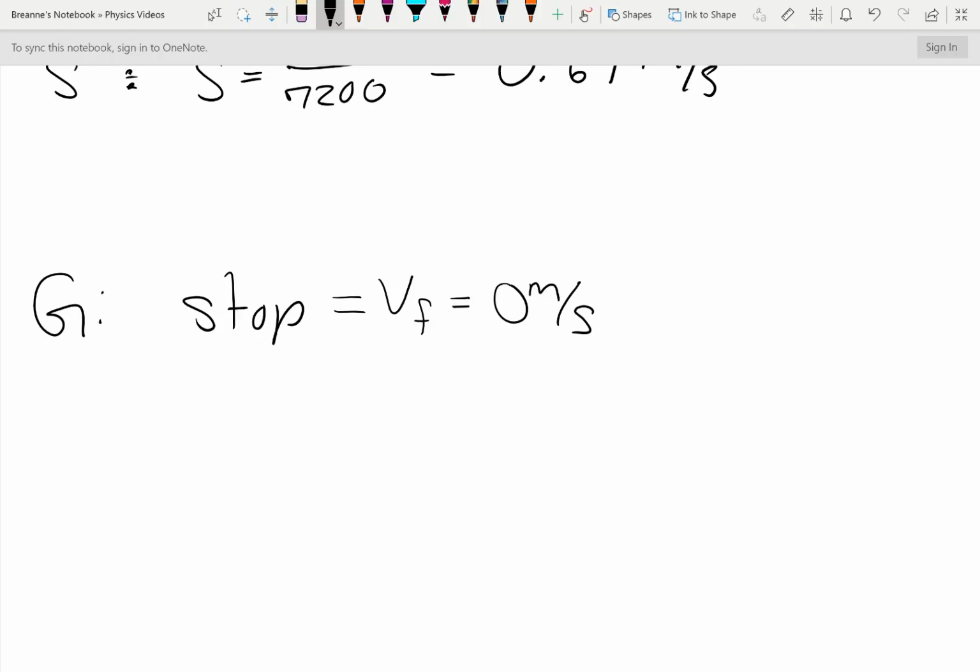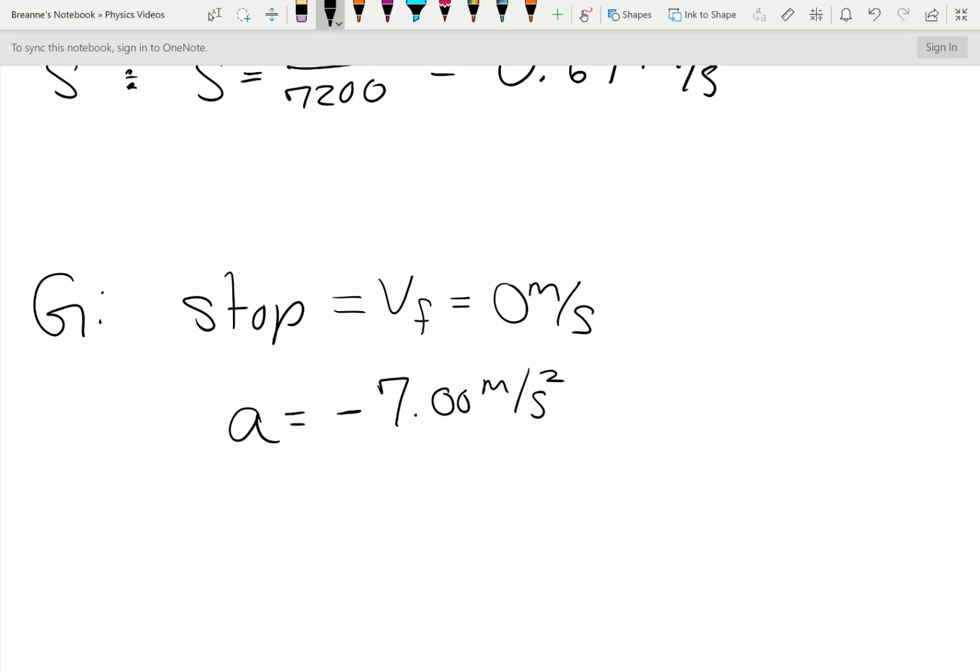And then it gives you your acceleration. Now deceleration means it's a negative 7 meters per second squared, because it's accelerating in a negative fashion. Estimate the velocity of the car before braking.